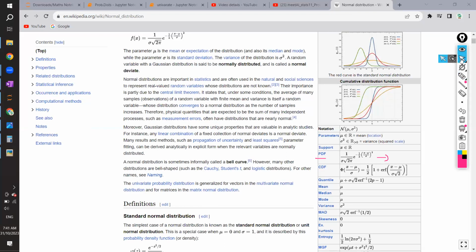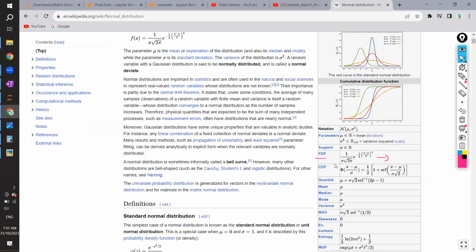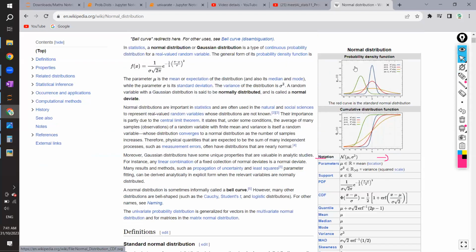Just try to understand that. Just like how you draw this graph, take the area and calculate the probability, the importance of this function, the probability density function, is that it is the PDF of the normal distribution. This is the formula for only the normal distribution.